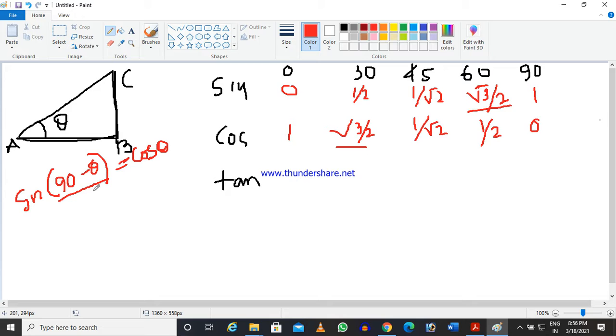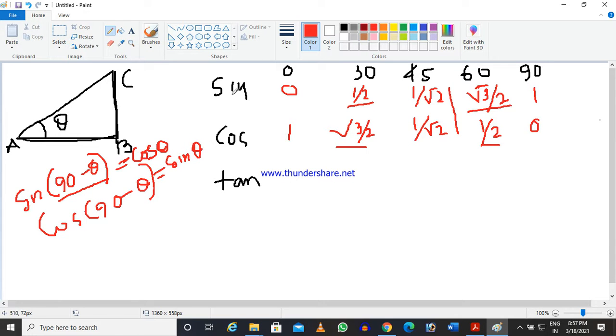Similarly, take 45 degrees. So sine 45 is equal to cos 45, both values are equal. Now take theta as 60. So 90 minus 60 means 30. Sine 30 is equal to cos 60. Both are equal. So I can tell if theta lies between 0 and 90 degrees, then sine 90 minus theta is equal to cos theta, or cos 90 minus theta is equal to sine theta.